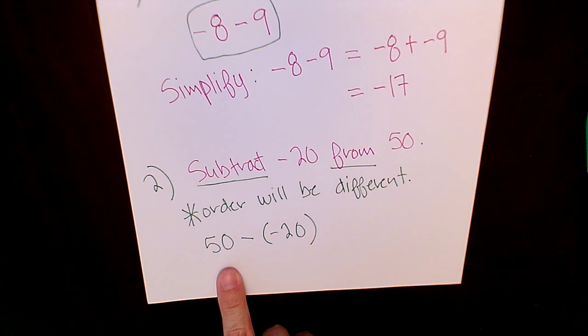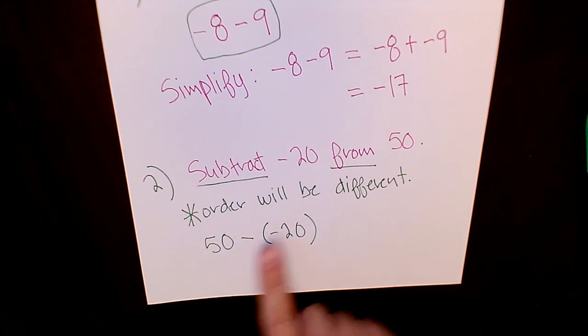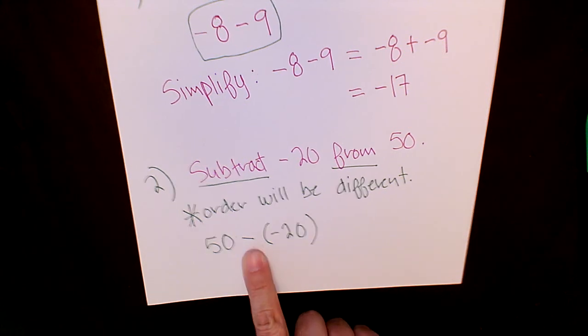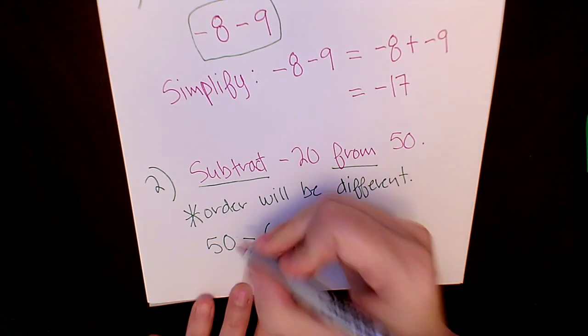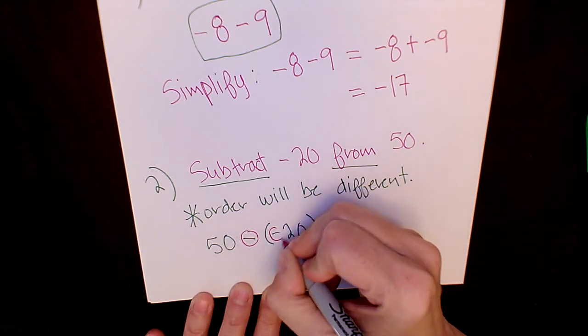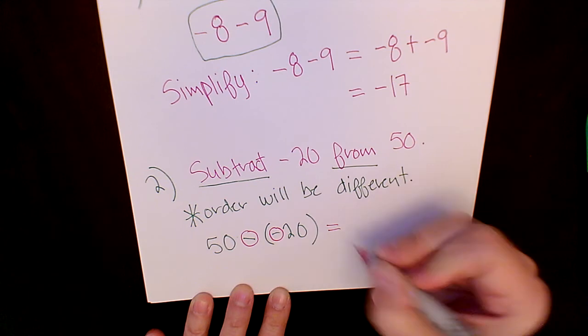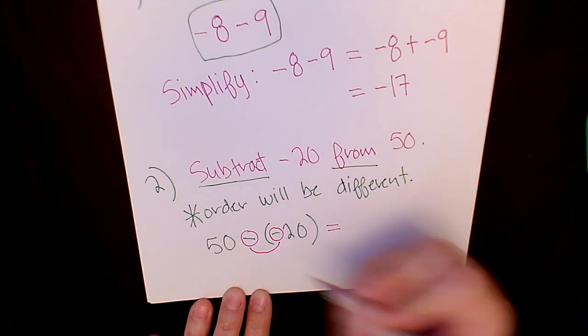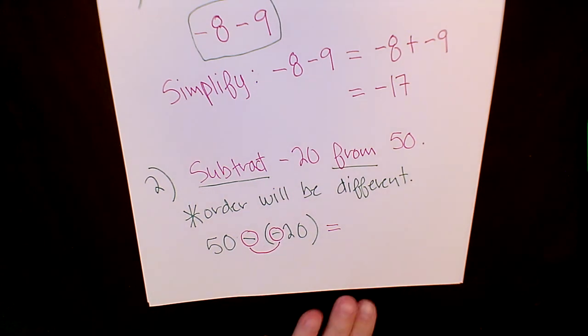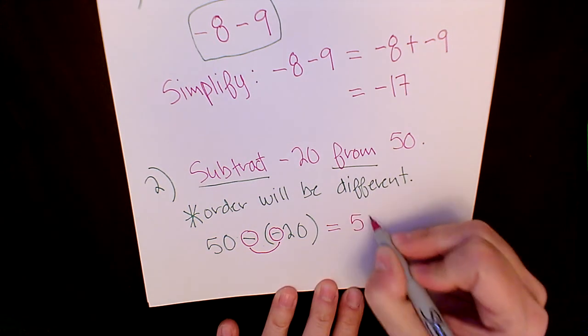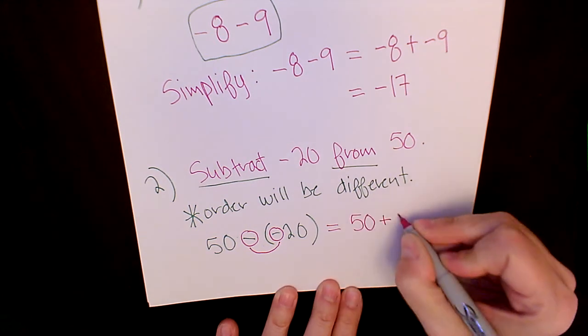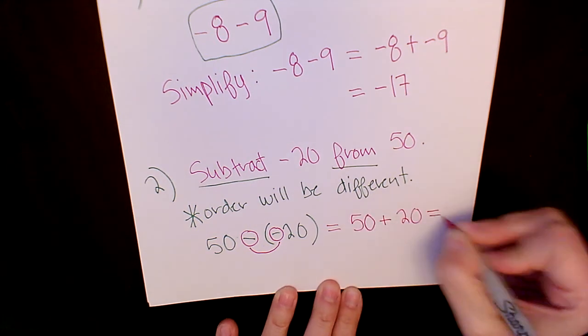So the 50 comes up front first, and then we're going to subtract minus 20. Now we look and see, well, what's going on here? We've got the double negative, right? And what does that mean to do? That just means 50 plus 20.